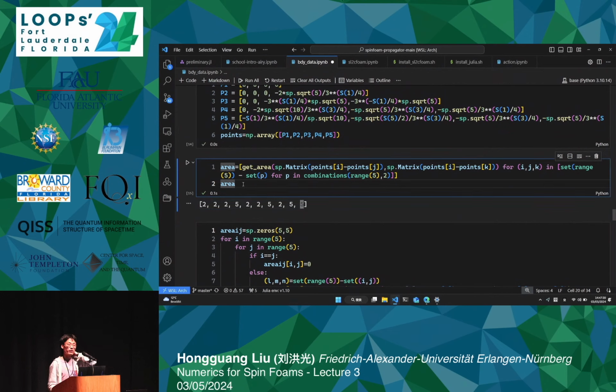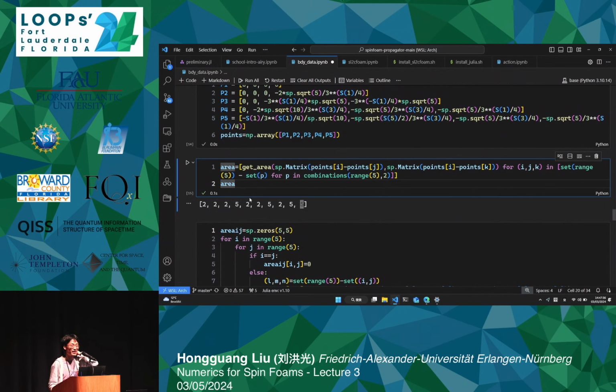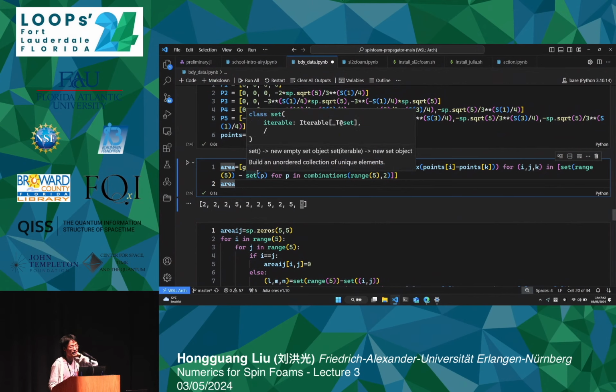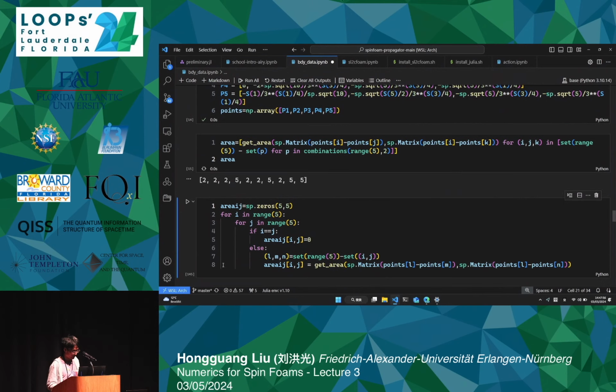Remember, in the spin foam, what happens finally in the asymptotics from the action is the spin, which looks like the area. Of course, you need to multiply by the Immirzi parameter, but that's a constant. That's why we prefer integer areas. So this is just an example to have integer areas and to build the points which have integer areas.